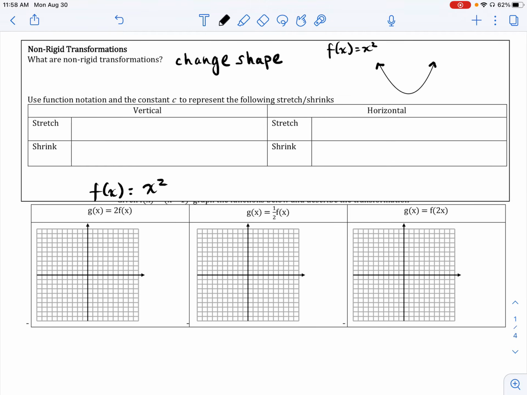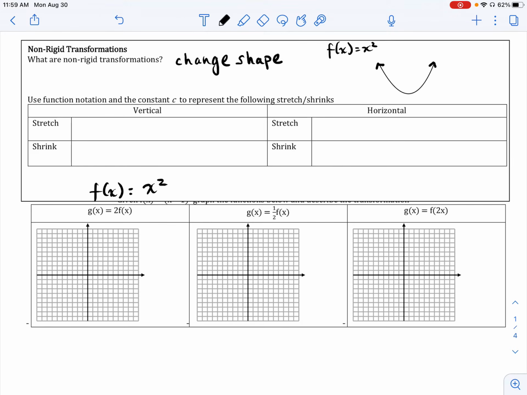We can pull on this parabola from either direction, either vertically or horizontally. If I were to pull on this parabola vertically, you would see that it would get skinnier. If I were to compress the graph vertically, then you would see that it would get more compact and widen out.